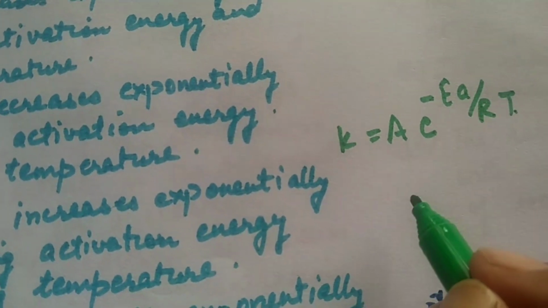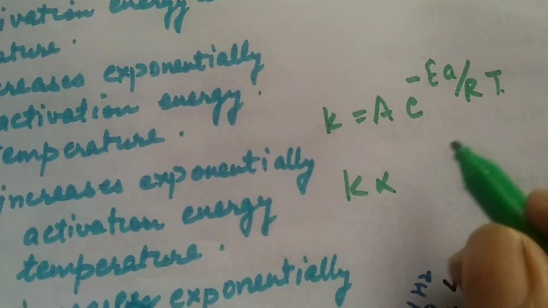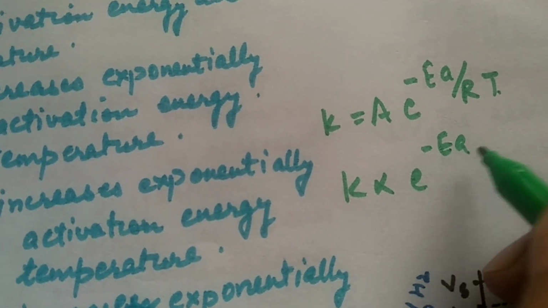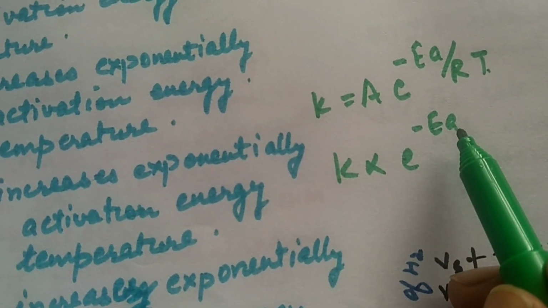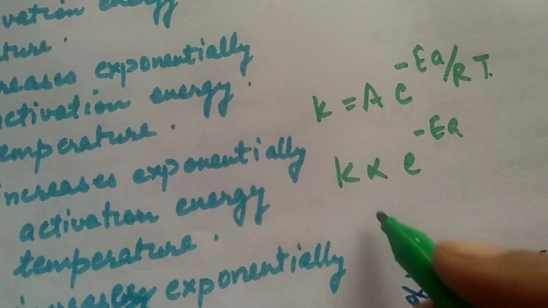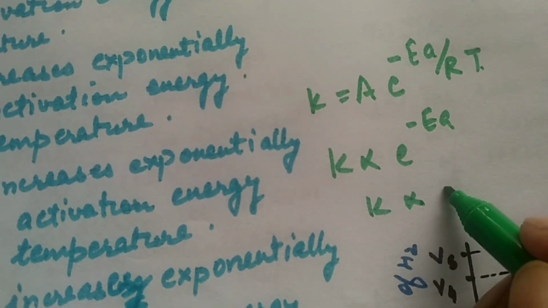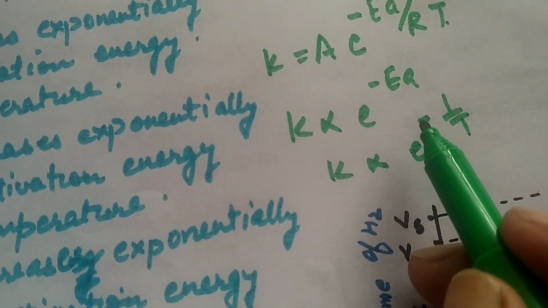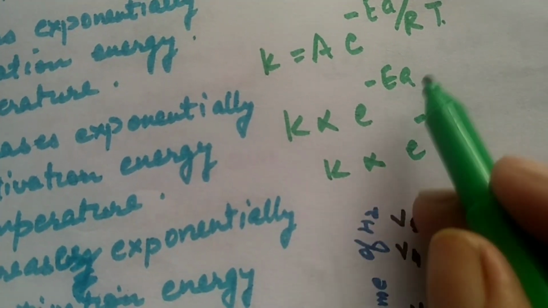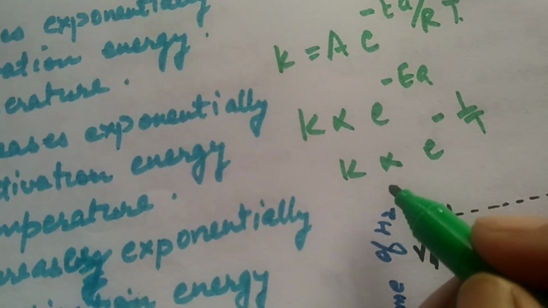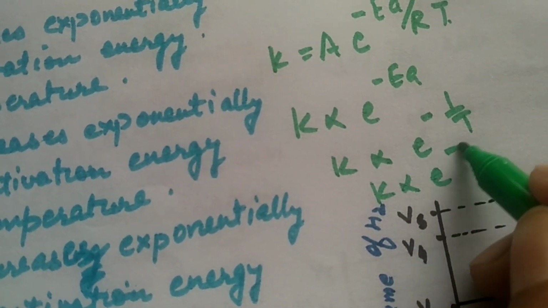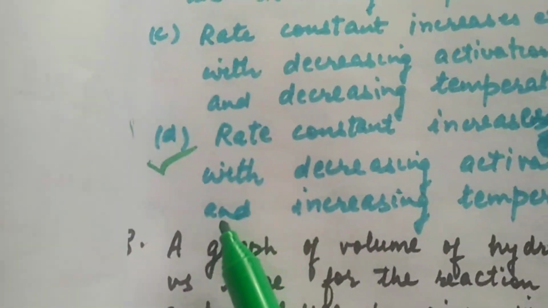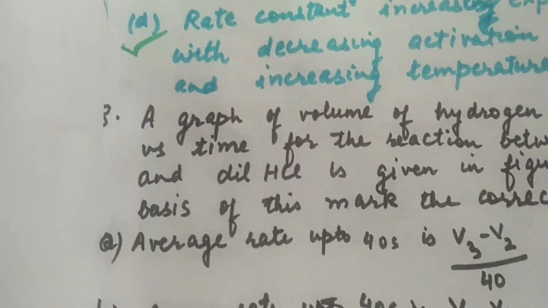So k is proportional to e raised to power minus Ea, that is, with decreasing activation energy k increases. Also k is proportional to e raised to power minus 1 upon T, and if we convert it into T, the minus sign will be removed, so k is proportional to e raised to power T. So with increasing temperature k increases. Option D is the correct answer.